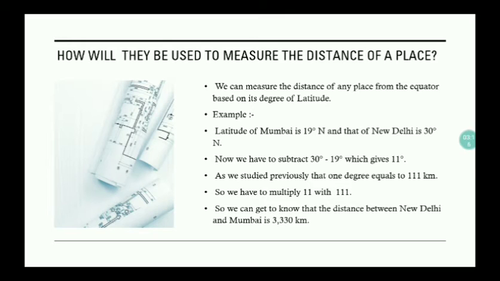As we studied previously that 1 degree equals 111 kilometer, so we have to multiply 11 with 111. So we can get to know that the distance between New Delhi and Mumbai is 3330 kilometer.